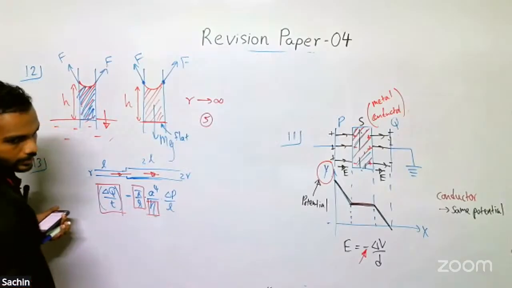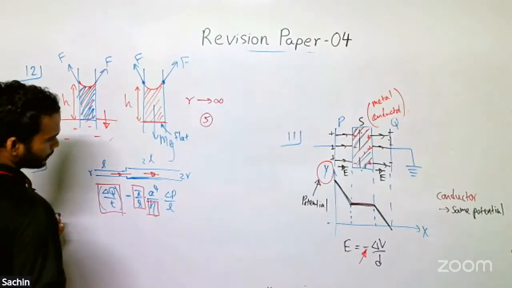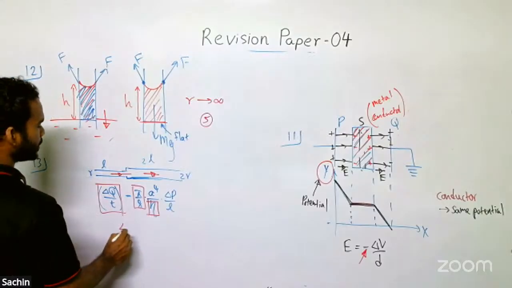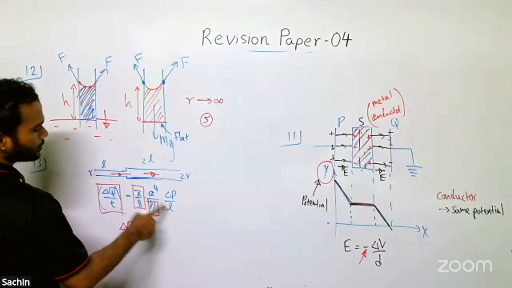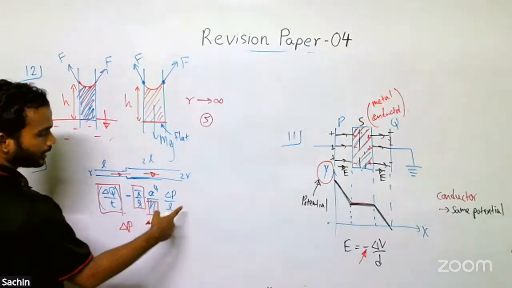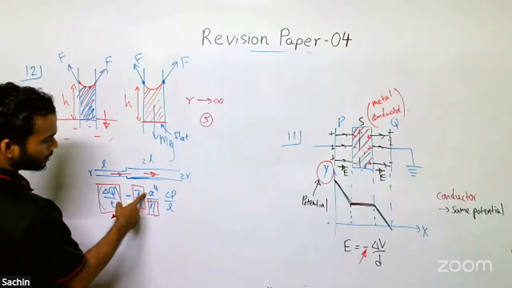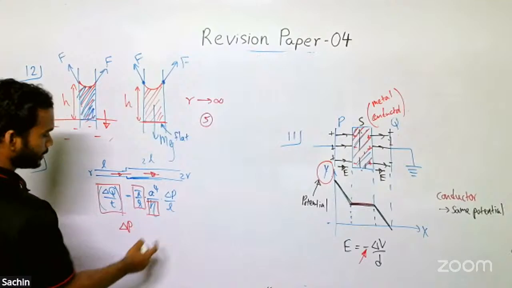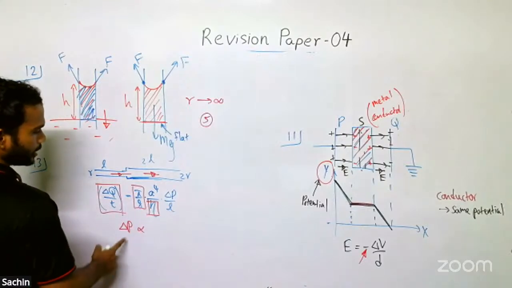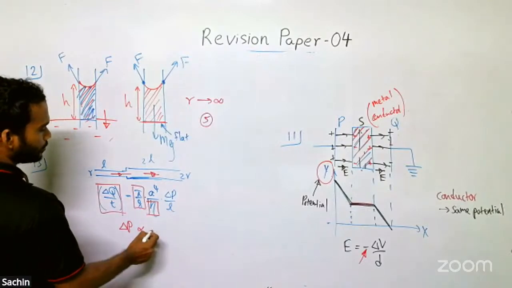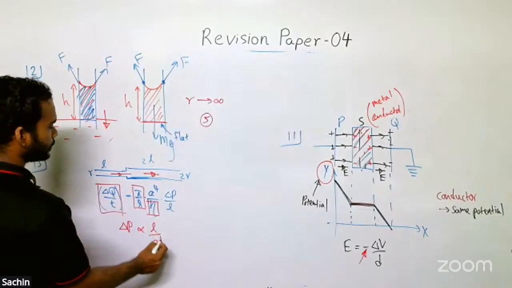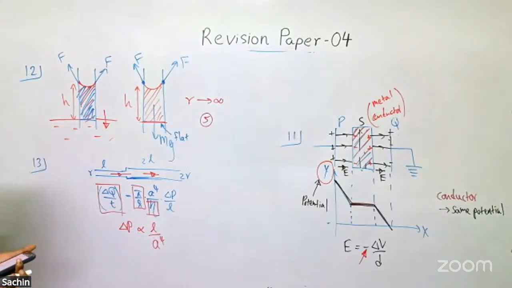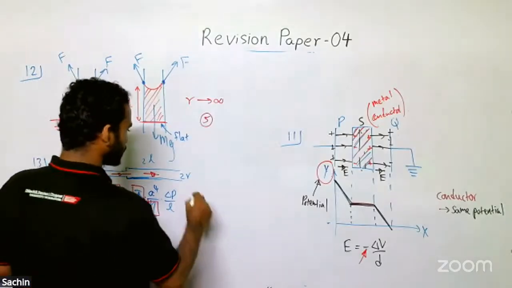Eta, same liquid, so eta is also constant. So all these terms of this equation are constant. Then if there is a change in pressure difference, that's because of radius change and the length change. So if you consider the proportion, the delta P, the pressure difference, should be proportional to length over radius to the power 4. So you can compare now.